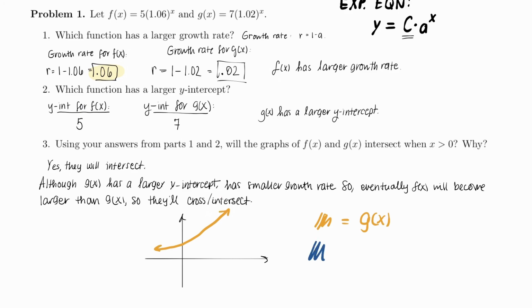I'm going to draw f of x in blue. So f of x starts off smaller, but the growth rate is larger. So what's going to happen is something like this. And then at this point here, whatever it is, they intersect.